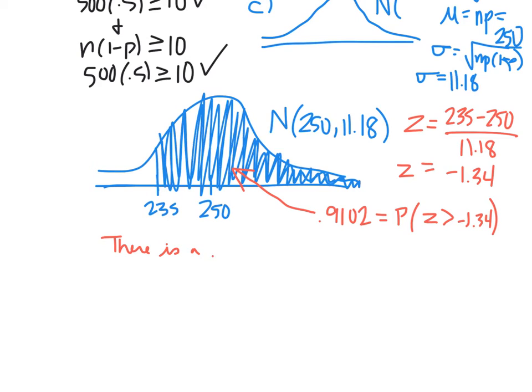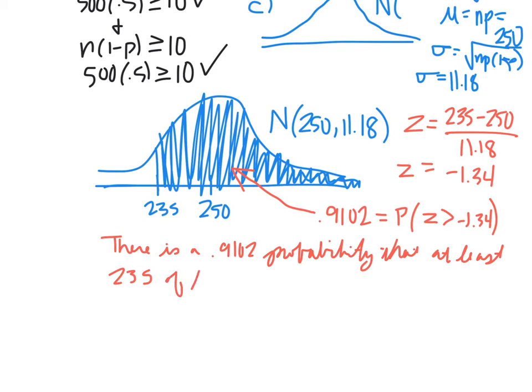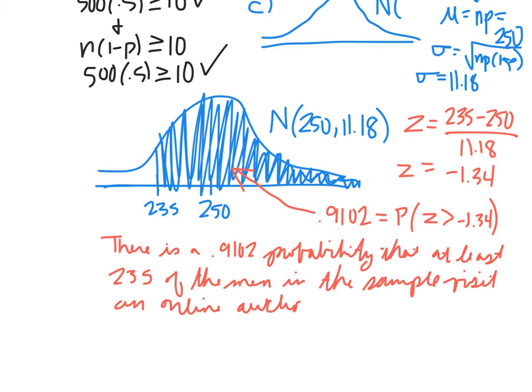There is a 0.9102 probability that at least 235 of the men in the sample, because we're specifically talking about this sample of 500, visit an online auction site. There it is.